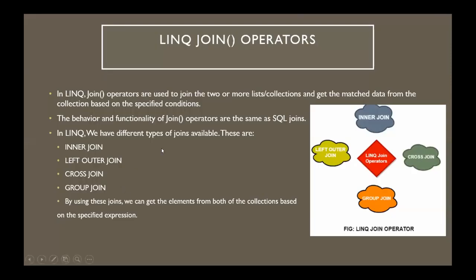So the join operators are used to join two or more lists or collections and get the matching data from the collections based on a specified condition. So we have inner join, then we have left join or left outer join, whatever we can say. Then we have the group join, and then we have the cross join. These are the join operators that can be used using the LINQ syntax.